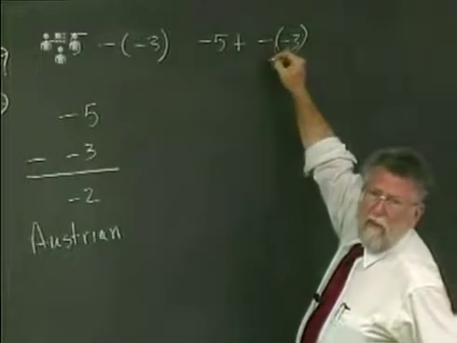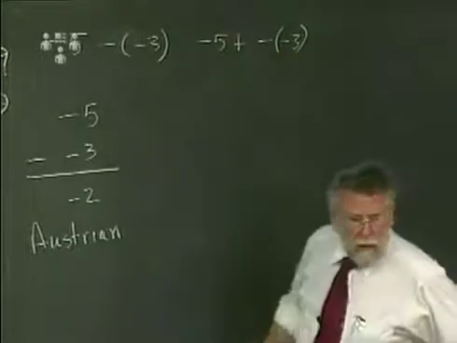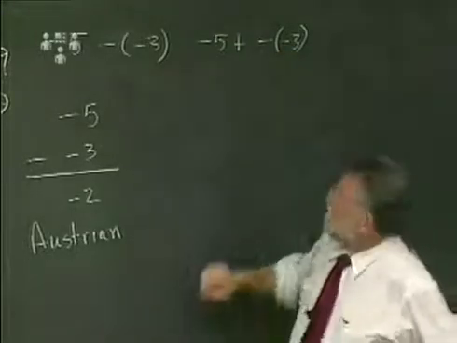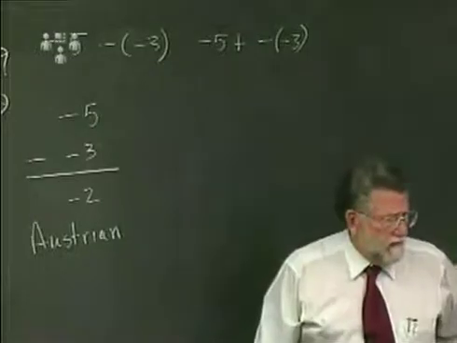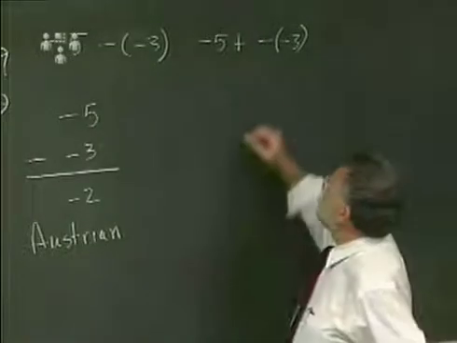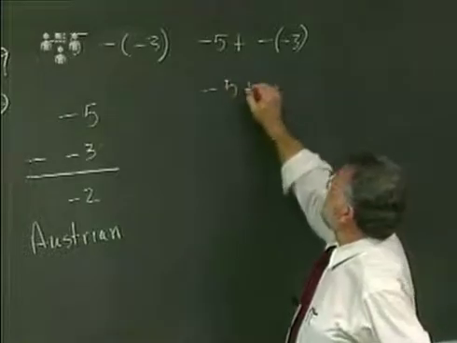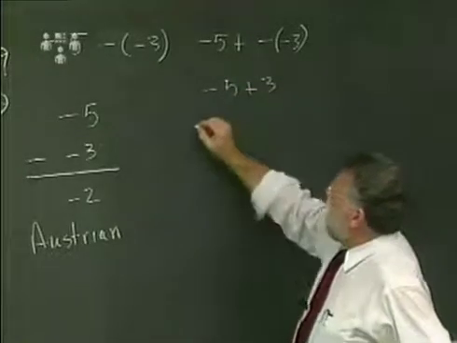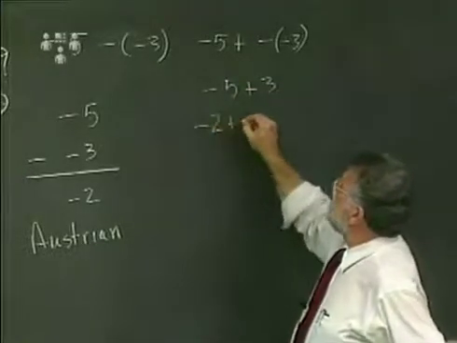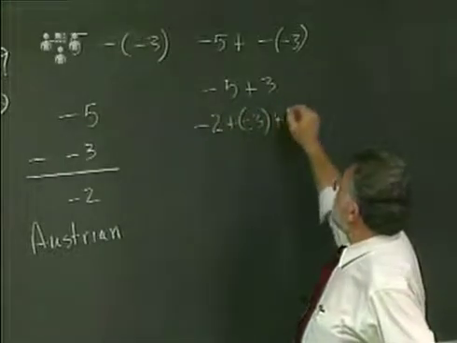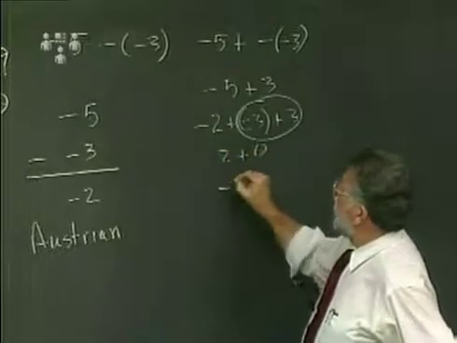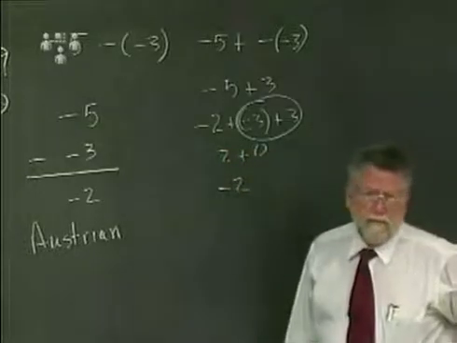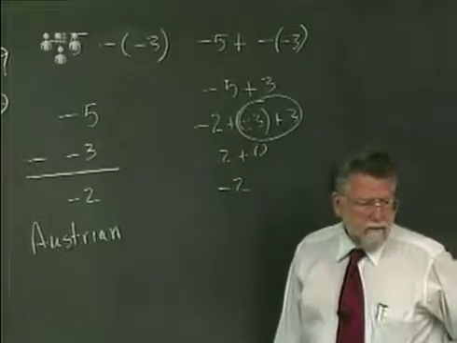So negative 1 times negative 1 is 1. We haven't talked about multiplication, but that would be what is involved. For predicate logic, it's the double negative, the negative of a negative coming out positive. So that means this is really this problem. And then that's negative 2 plus negative 3 plus 3. That goes to 0. And so you have negative 2. That's where I'd like you to be.